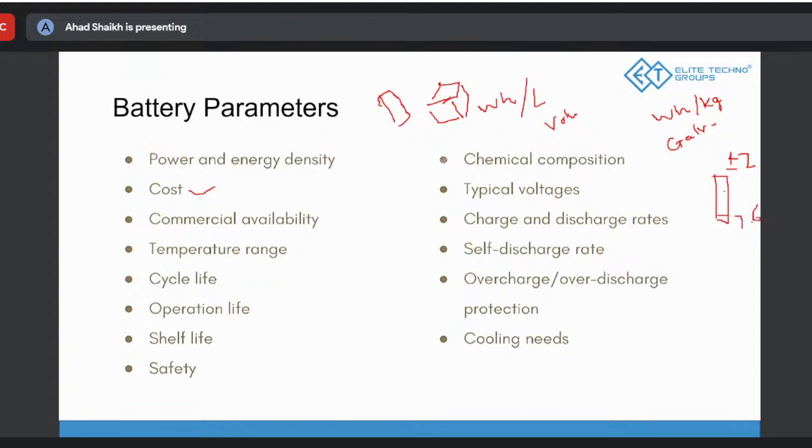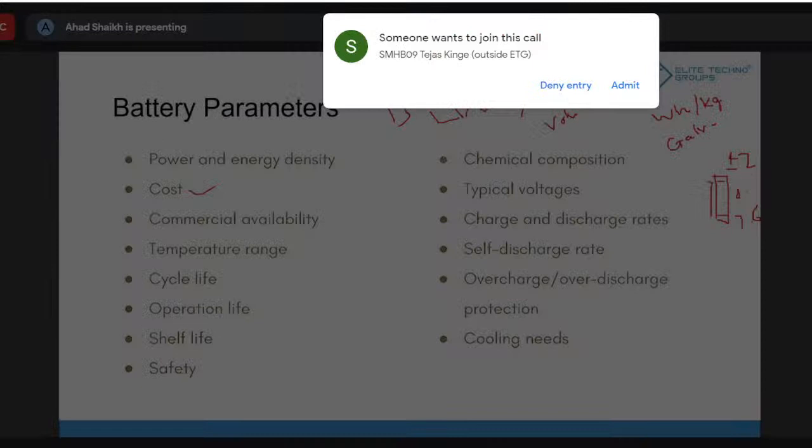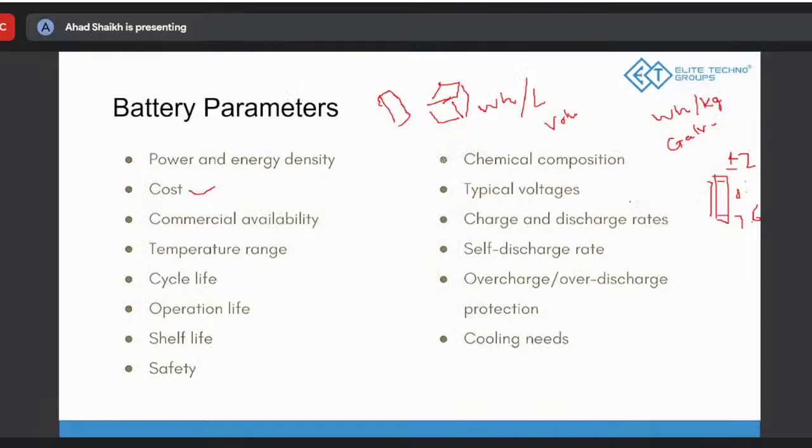In between these two stages it is giving around 4 volts, which would be the nominal voltage. So there are three voltages: cutoff voltage, maximum peak voltage, and the nominal voltage. These kinds of characteristics are there.